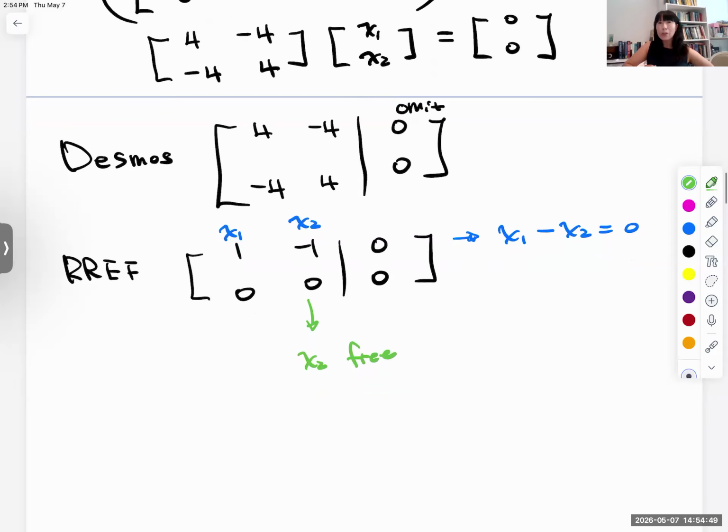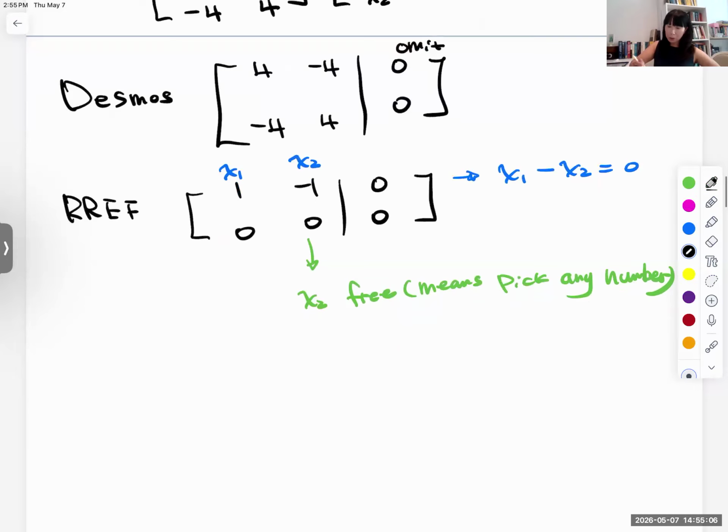So we can use any numbers, pick any number. What do you want to pick for x sub 2?